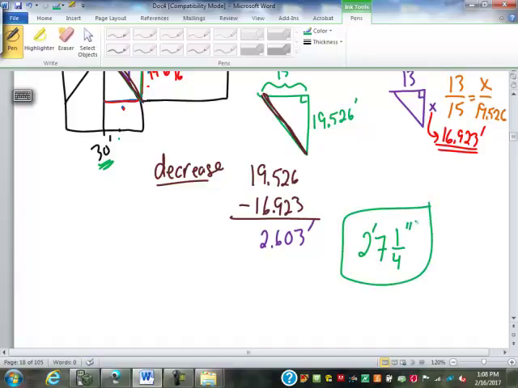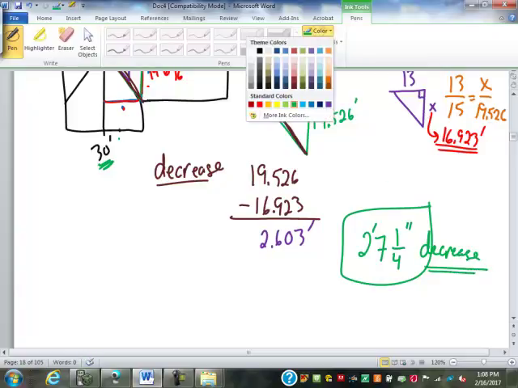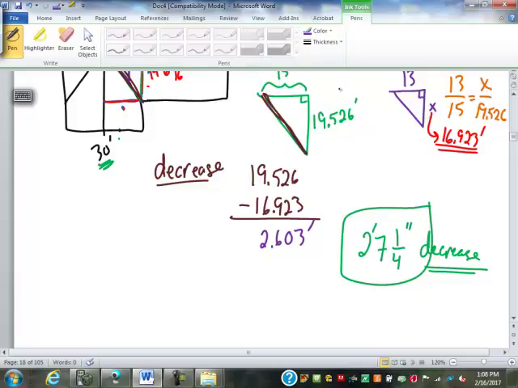So 2 foot 7 1/4 inch is my decrease. So each jack is 2 feet 7 1/4 inches shorter than the next longer one. Does that make sense?